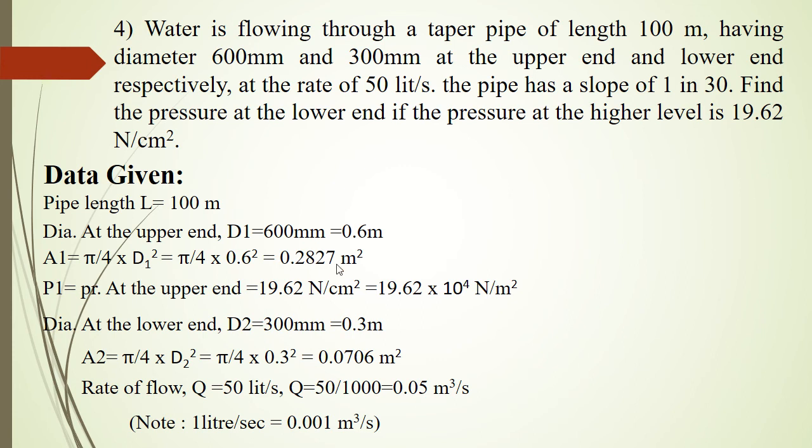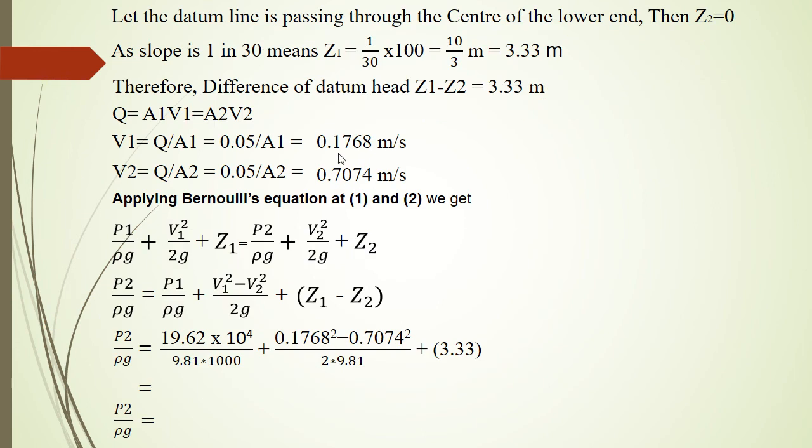So V1 is 0.1768 meter per second. Similarly, V2 is equal to Q by A2. So it is 0.05 divided by A2. So it is going to be 0.7074 meter per second.